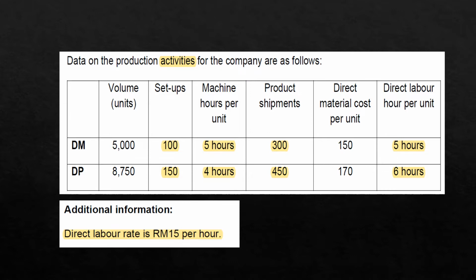For product DP, there are 8,750 units and 150 setups, 4 machine hours per unit, 450 product shipments, 170 direct material cost per unit, and 6 direct labor hours per unit. In additional information, the direct labor rate is given at 15 ringgit per hour.